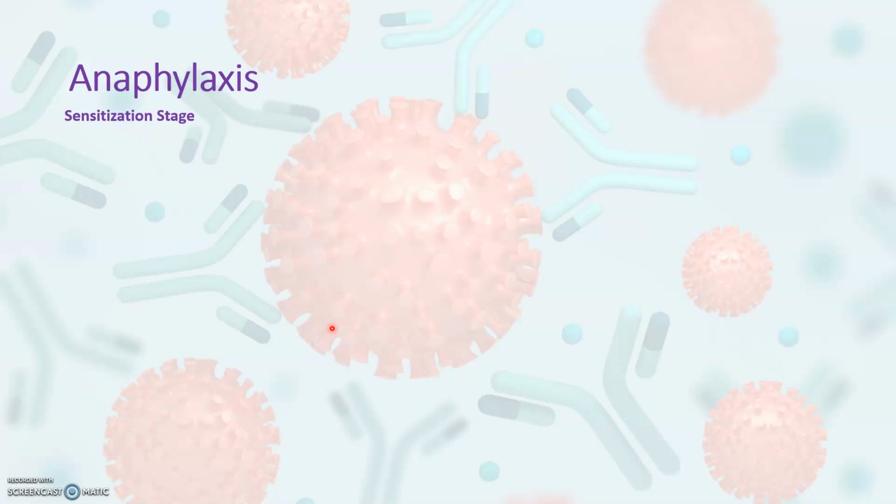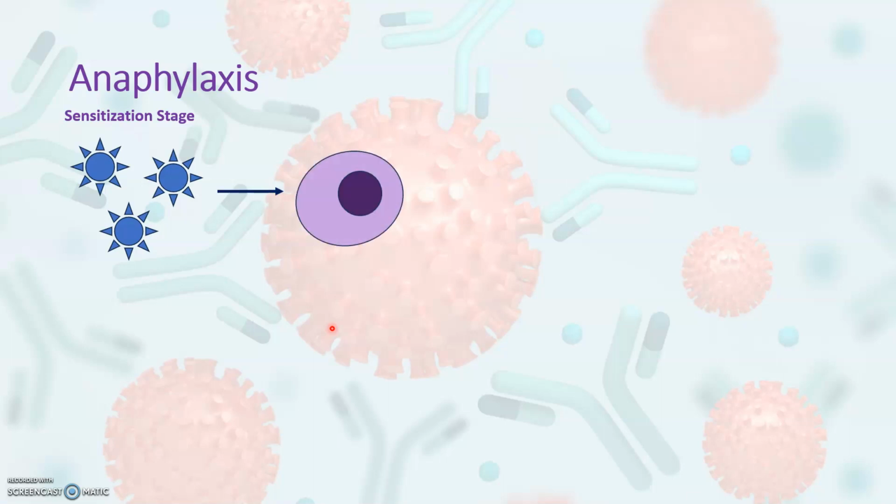In the sensitization stage, antigen is presented to the body. It is then taken up by antigen processing cells, which present these antigens to T cells, and T cells sensitize B cells, B lymphocytes, to produce specific antibodies against this antigen.